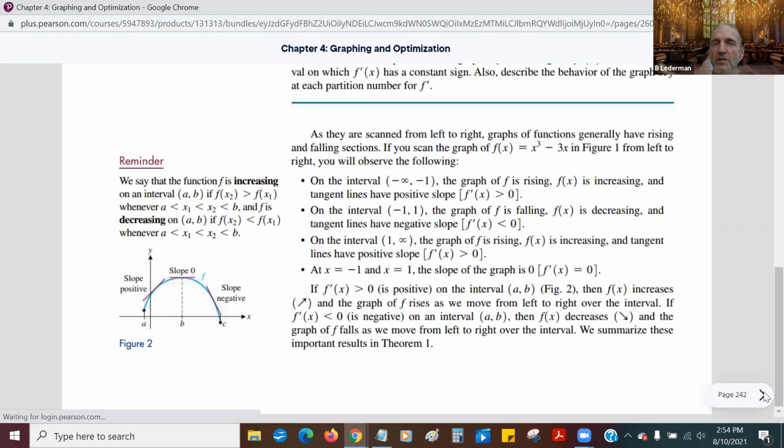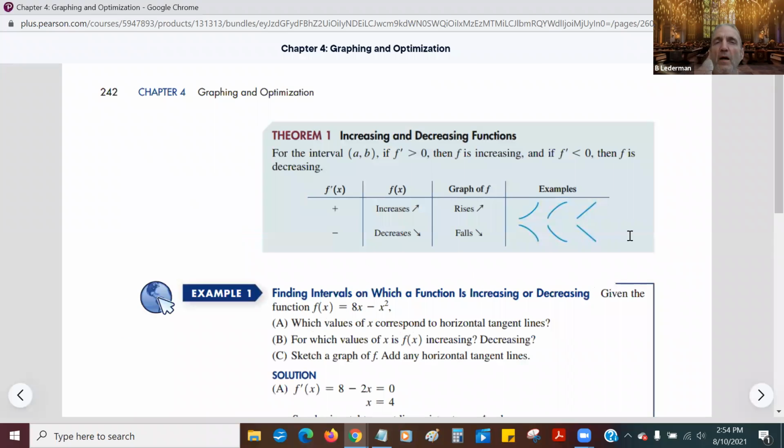Okay, let's look at a nice example here. So here's the theorem. For the interval (a, b), if f prime is greater than 0, that means the function f is increasing. If f prime is less than 0, then f is decreasing.